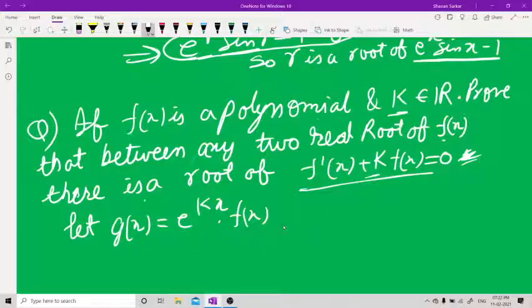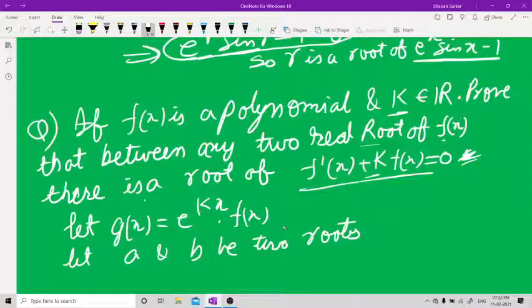Okay. Now, once you've taken this function, let a and b be two roots of f(x), as they have told you. Any two roots of f(x). That means f(a) is 0 and f(b) is also 0.